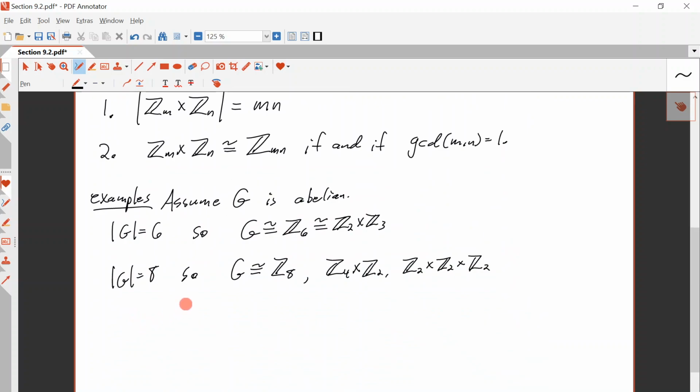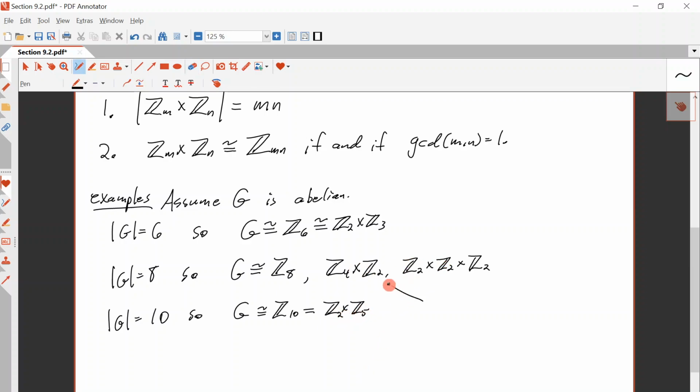So that's order 8. Order 10 is, well, there's the cyclic group of order 10, but then 10 is 2 times 5, which are primes. So that's the same as, right, Z5 cross Z2, or Z2 cross Z5.